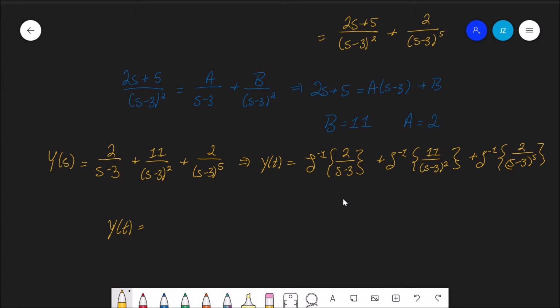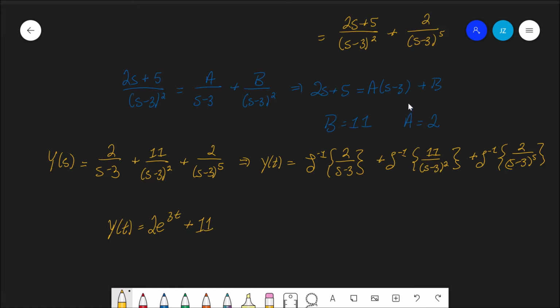The inverse transform of 1 over s minus 3 is e to the 3t, so we're going to have 2e to the 3t plus 11 over s minus 3 squared.